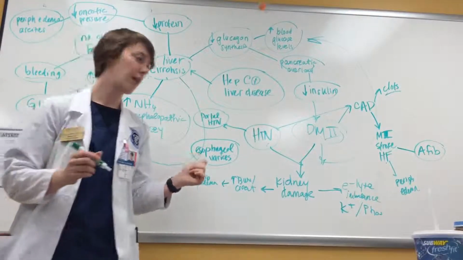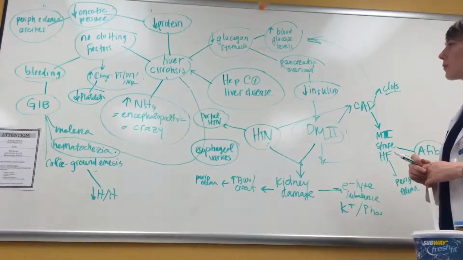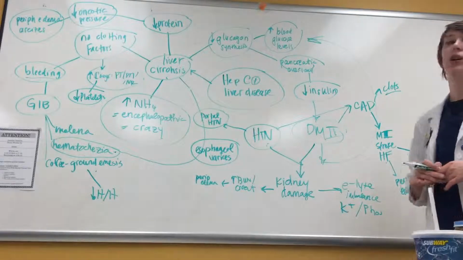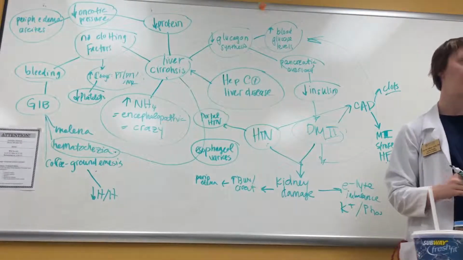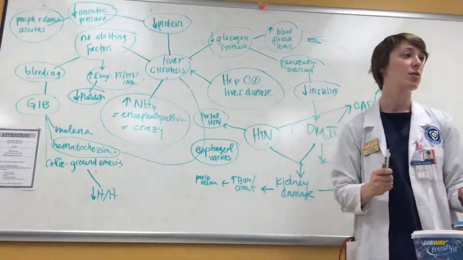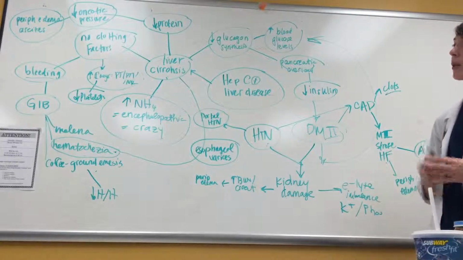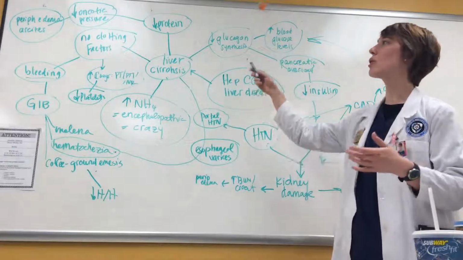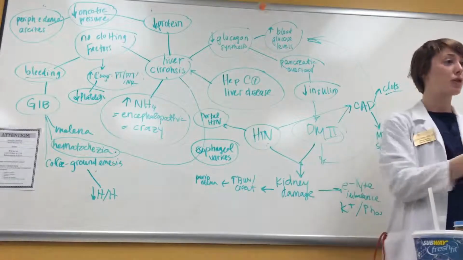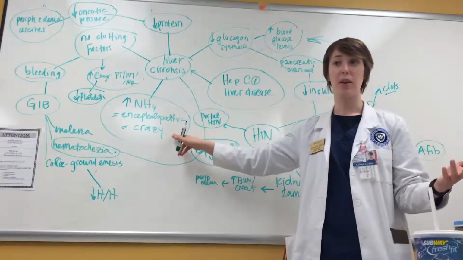If I had to put this in a paragraph, let me think about this for a sec so I can say it right. I would probably say, due to an infection with hep C, my patient developed liver cirrhosis, which led to peripheral edema. You can go through all of these things. They were unable to filter toxins, which led to encephalopathy.